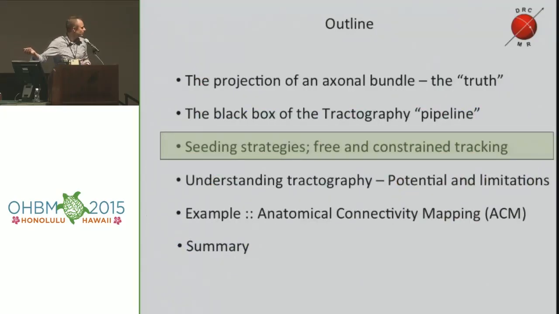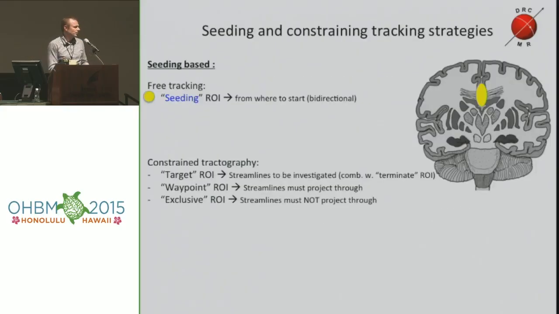So now we enter something which is really important and influences what tract system you're actually able to extract. And this is the seeding strategies. There exist many ways of doing seeding strategies, and as I said, it has a huge impact on what you're doing. So I'll go through some of what I think is general for the different toolboxes.